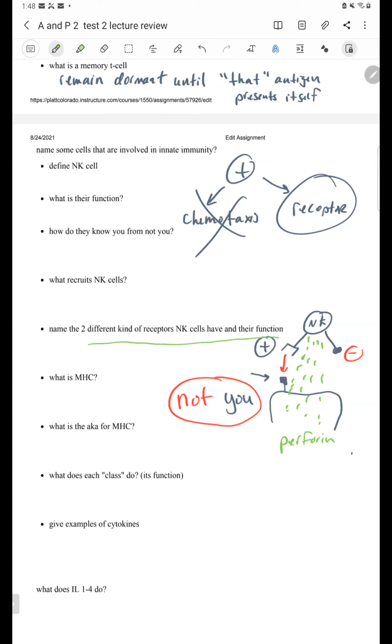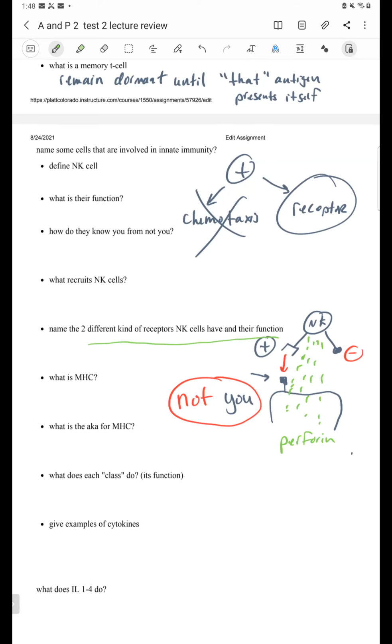So I got a couple of those wrong on the quiz I think I took because I got a little confused. So basically it's part of MHC and it doesn't need inflammation or chemotaxis to activate. It has the receptors that recognize on a cell if it's got MHC or not.